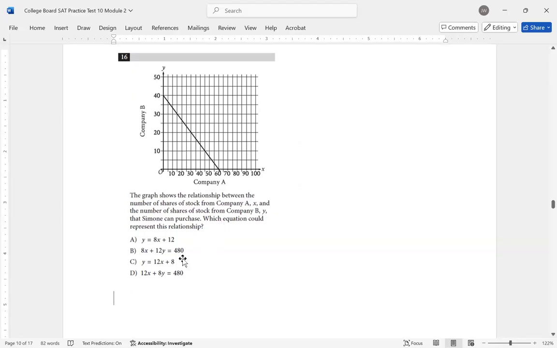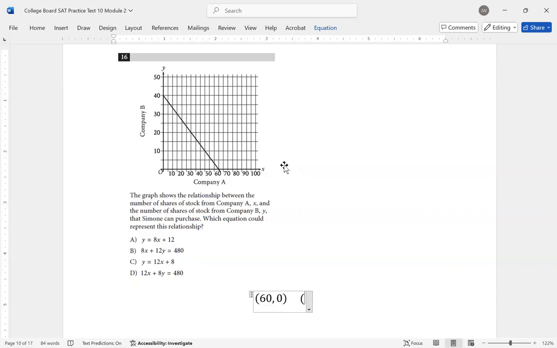Now, this one gives me equations of all different forms. So what I would do is I would just notice that we could purchase 60 shares of company A stock if we purchase 0 shares of company B. So in other words, this line goes through the point (60, 0).